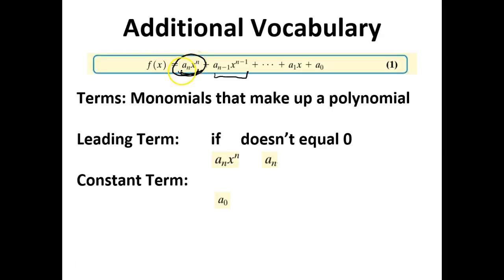The leading coefficient is the number in front, and the constant term is the last term, the term without any x's. So the leading term has the largest exponent, and the constant term is the term without x's. That's how that works.